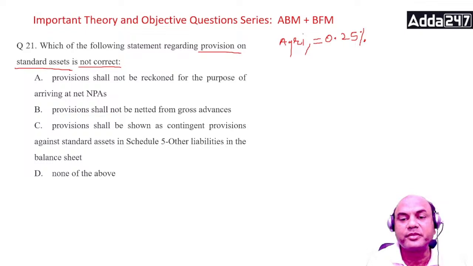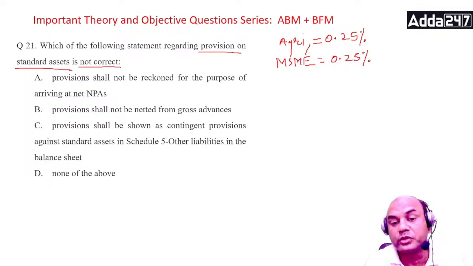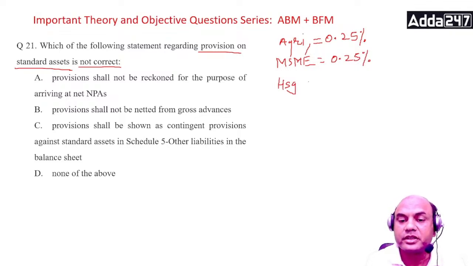For MSME standard asset, the provision is, everyone in the comment section, 0.25%, right? For individual housing, remember it is individual housing, the provision is, everyone think over it. I want the answer in the comment section. These questions do come in the exam. Again 0.25%.